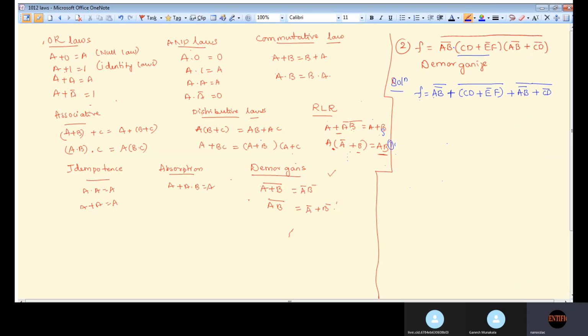In the second step, I demorganize only this bracket term. AB bar whole bar is equal to AB, plus CD bar, and apply De Morgan's theorem to this one. So it will be CD bar into EF bar whole bar.